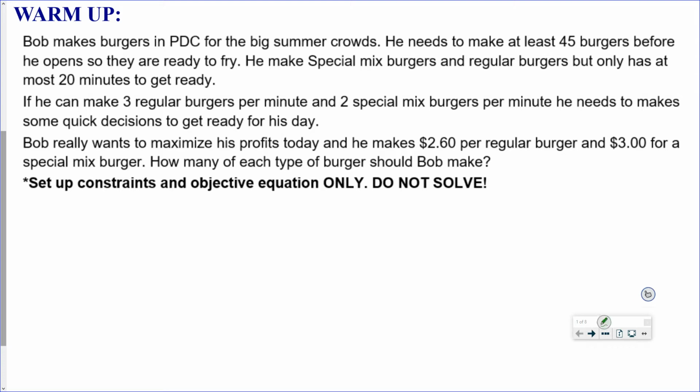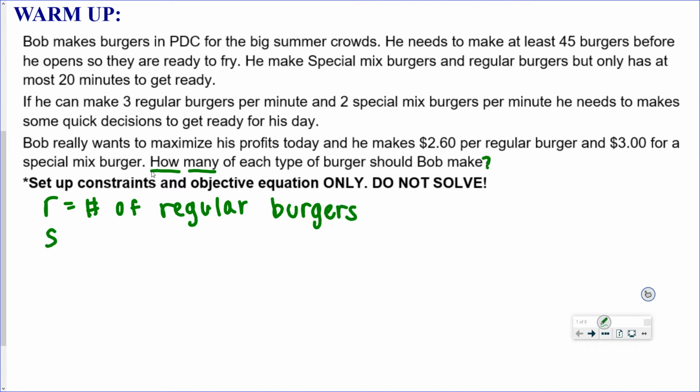Okay, so right here, the "how many" that they're asking us to find gives us a hint to what we need to set up for our variables. So I just used R as the number of regular burgers, and S as the number of specialty burgers.